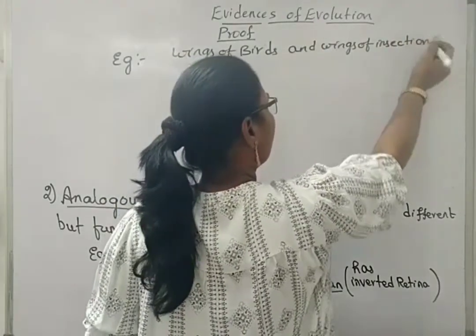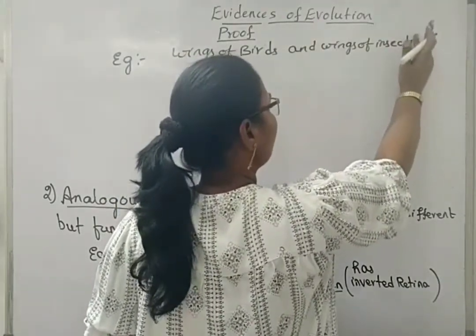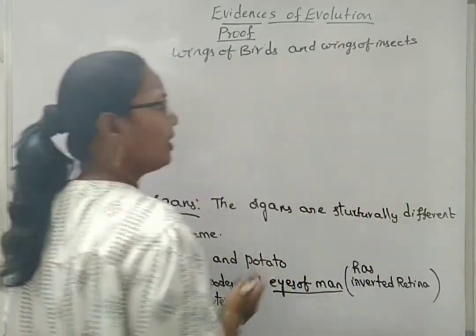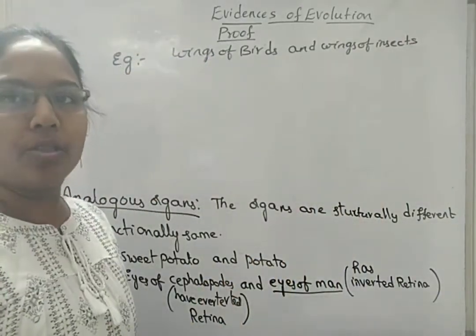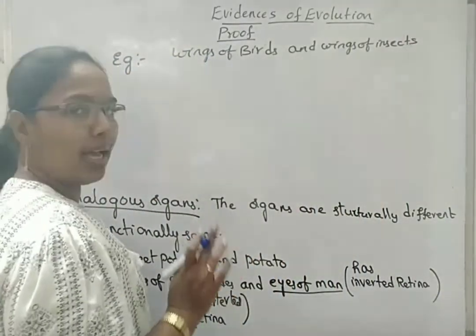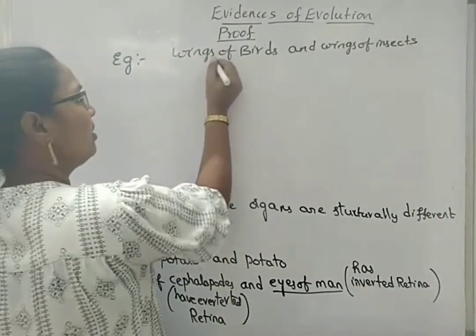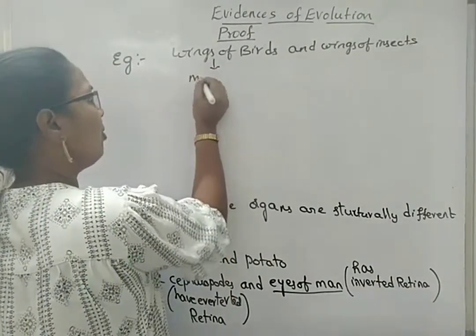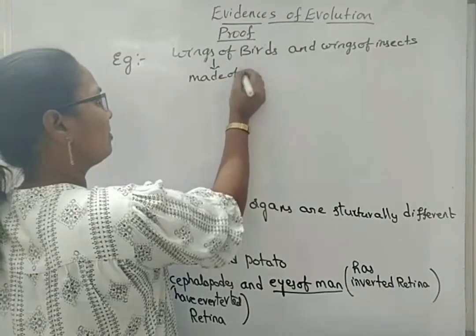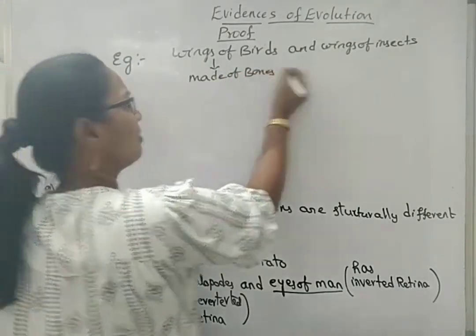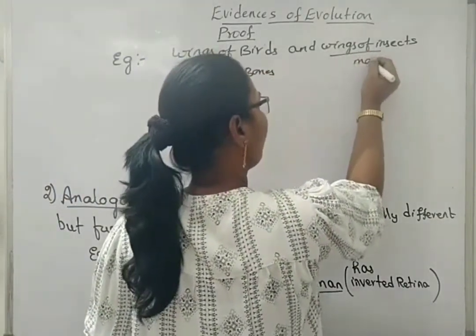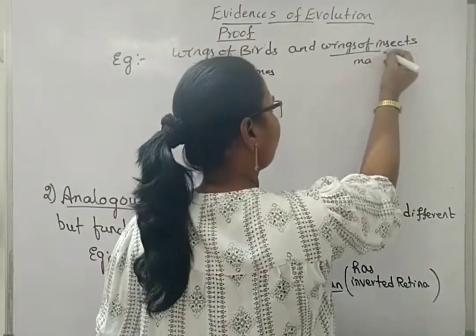While asking questions, instead of the term insects, they can just use any insect name like butterflies, moths, etc. Still the answer will be the same. Here wings are made of bones. Here wings are made of chitinous exoskeleton.